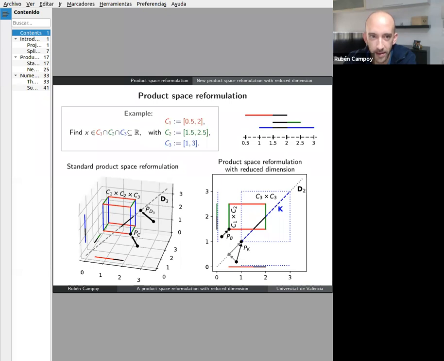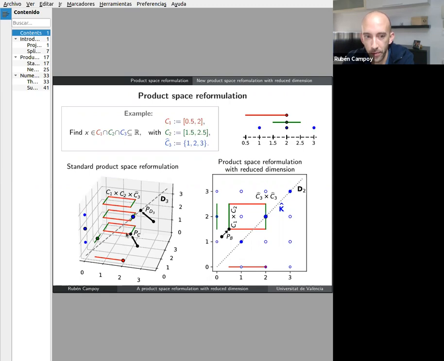And this is the case in both reformulations. So for example, if we consider C3, we replace it by this non-convex set with the elements 1, 2, and 3. In this case, the intersection is only the point 2. So we can replace everything in the reformulations. So C3 is replaced by its set.